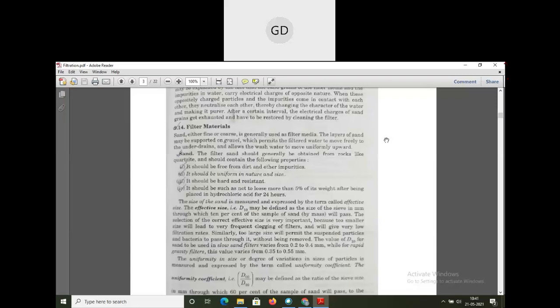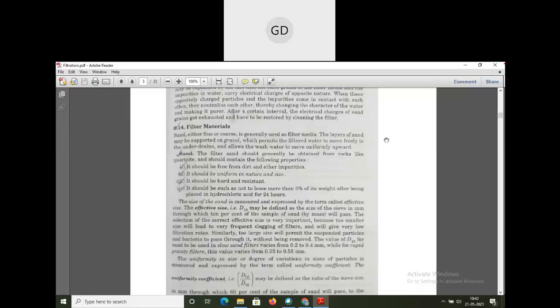So if you put the sand in hydrochloric acid for 24 hours, it should not lose more than 5% of its weight. All these four are the characteristics or properties of sand.